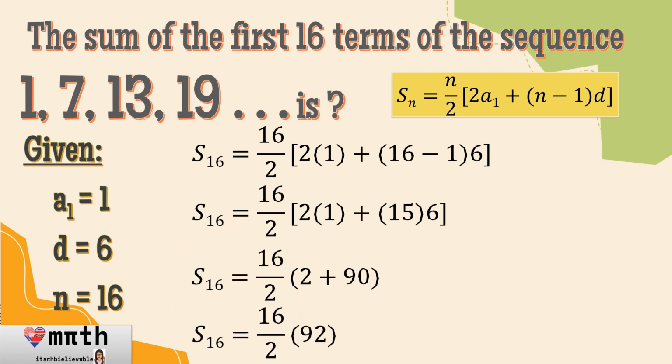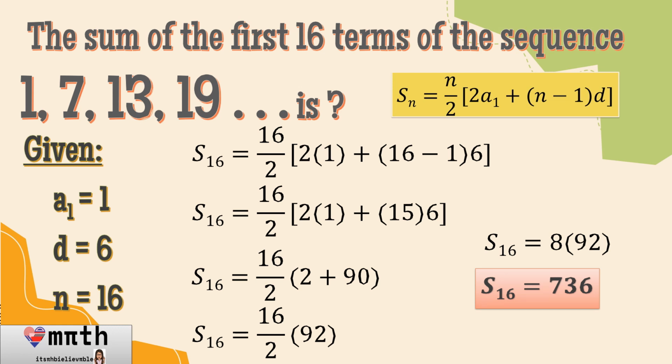Then 16 divided by 2 will be 8. Then we multiply 8 times 92, which is equal to 736, which is the sum of the first 16 terms of the sequence 1, 7, 13, and 19. So 736 is the value of our arithmetic series.